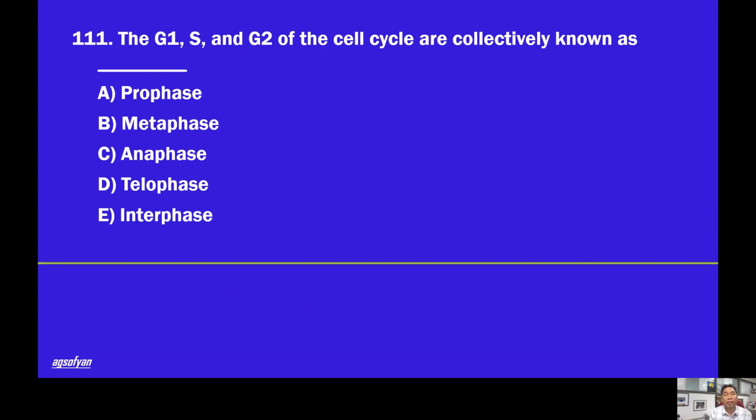111. The G1, S, and G2 of the cell cycle are collectively known as prophase, metaphase, anaphase, telophase, or interphase. Yes, the answer is interphase. This is the longest stage of the cell cycle. 112.